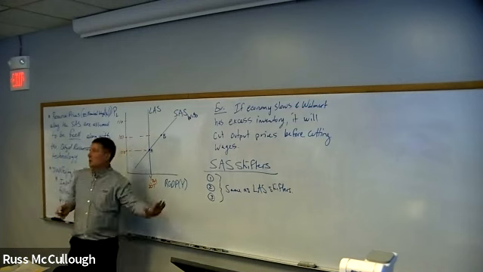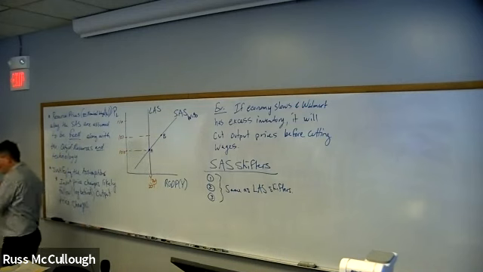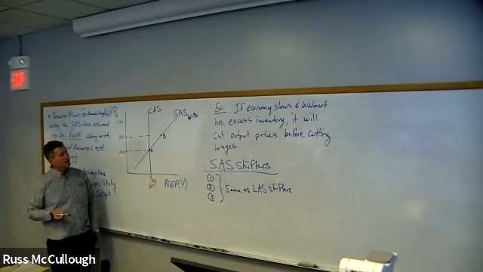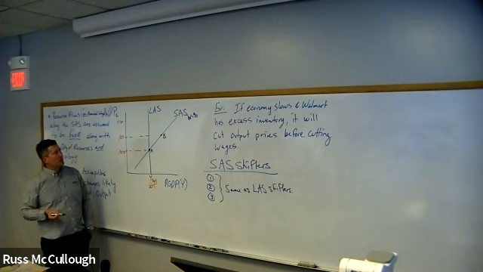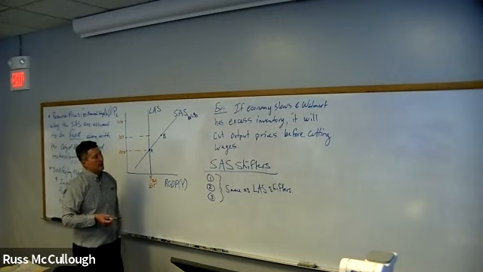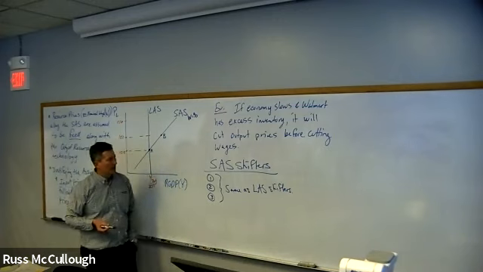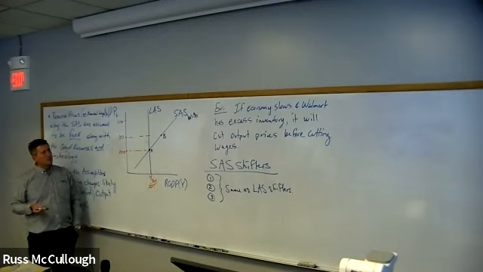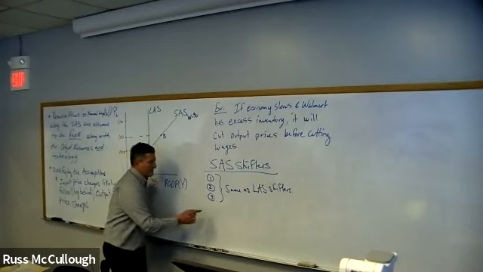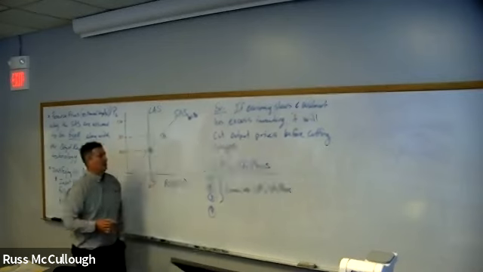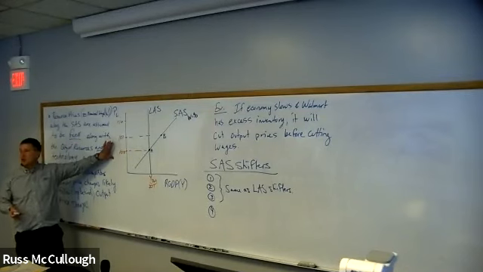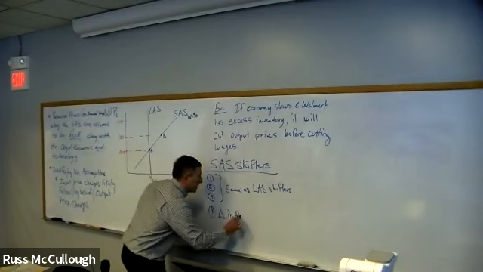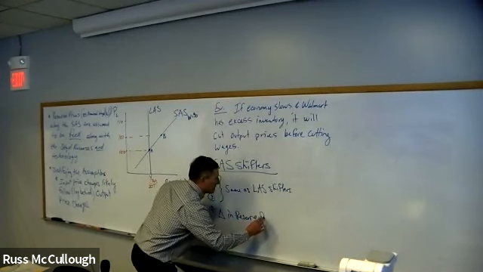So whatever moves the long run aggregate supply is also going to move the short run, and they're going to actually move together if that happens. And then the last one is the most important one. Number 4 is the change in resource prices.